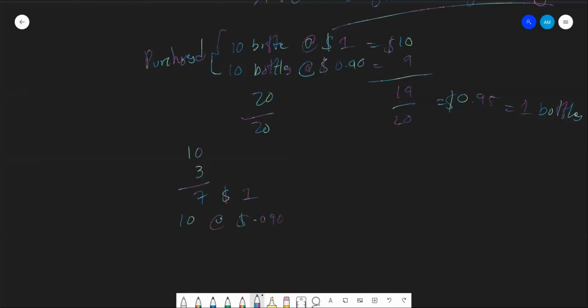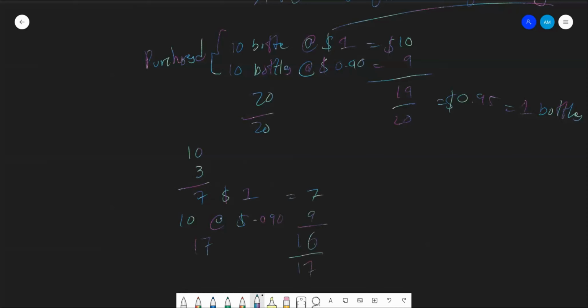What is the value of the bottles remaining? The value of the bottles remaining should be 7 plus 9, which is how much? 16. 16 divided by 17.